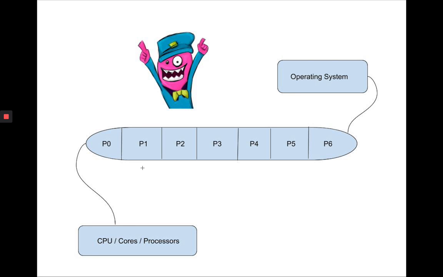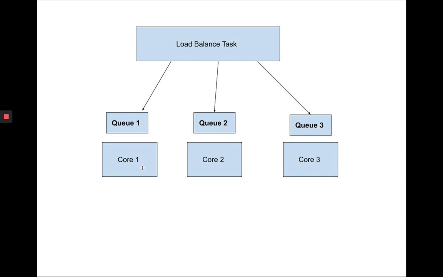Now, with cores on separate chips like this, they have different queues, so there needs to be a load balancer task that checks the balance among the queues so that every core gets an equal amount of work. Because you pay more to buy more cores, it's a normal expectation that your computer should perform very efficiently.